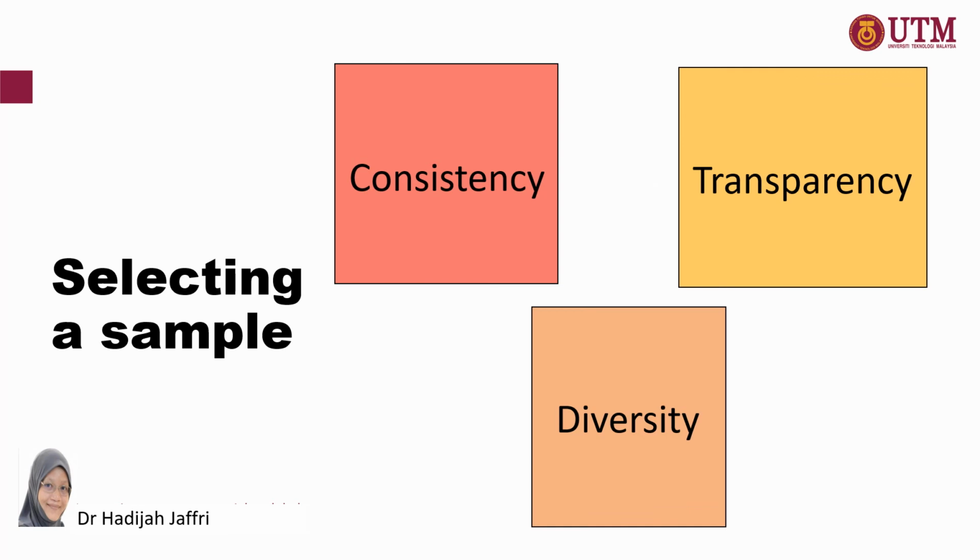When selecting sample in a research, there are three things that need to be considered. First, consistency. It refers to the understanding of a population on a case-by-case basis. We need to test the sample for consistency before going ahead with a study. Second, diversity.